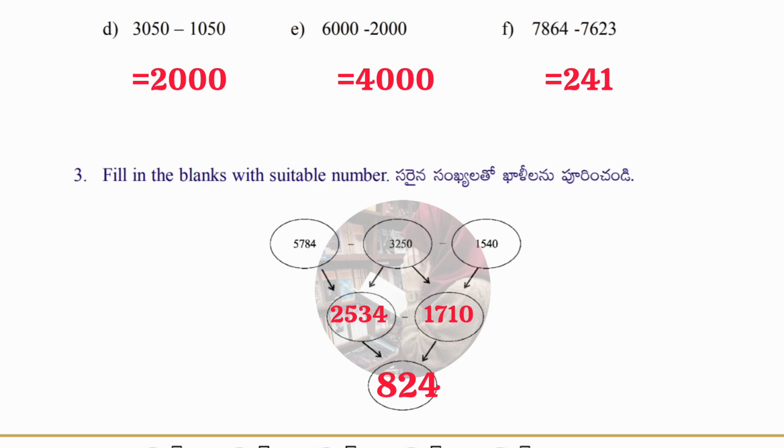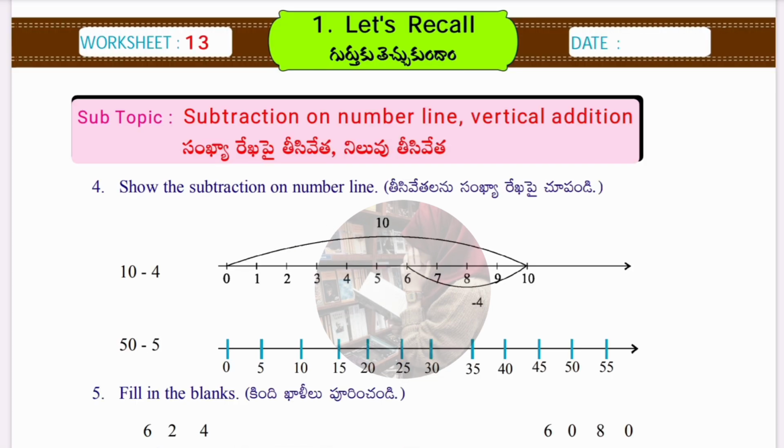Okay, have you understood? Now we'll move to the next worksheet, worksheet number 13. Here the topic is subtraction on number line. One number is already shown. 10 minus 4 is 6. First you move from 0 to 10.